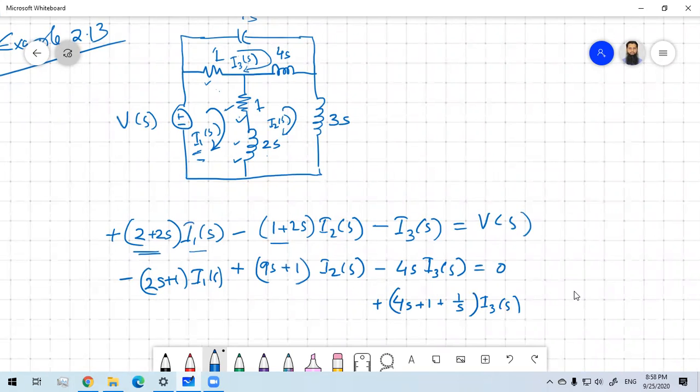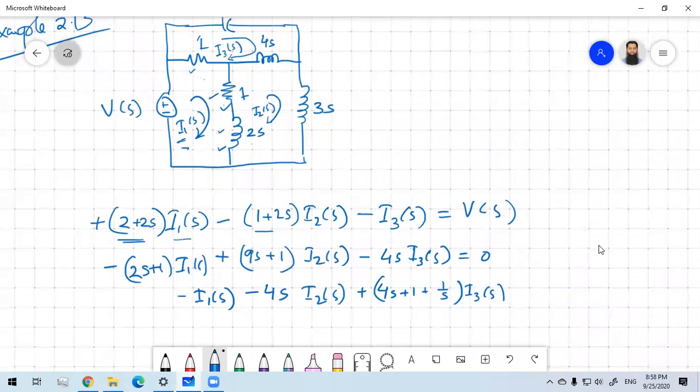Then what is common between 2 and 3 is 4s, that has to be negative, 4s times I2(s). And common between 3 and 1 is only the resistance with magnitude 1, so minus I1(s). Now you have the equations.